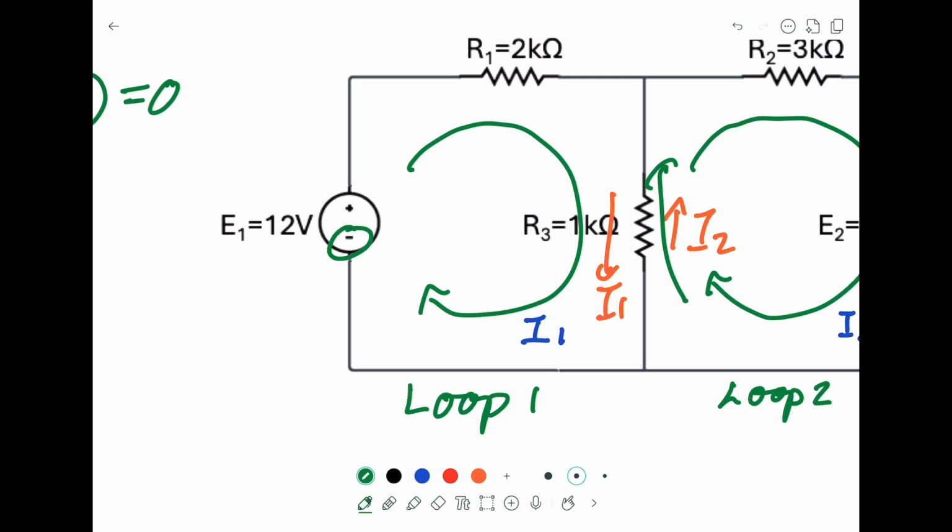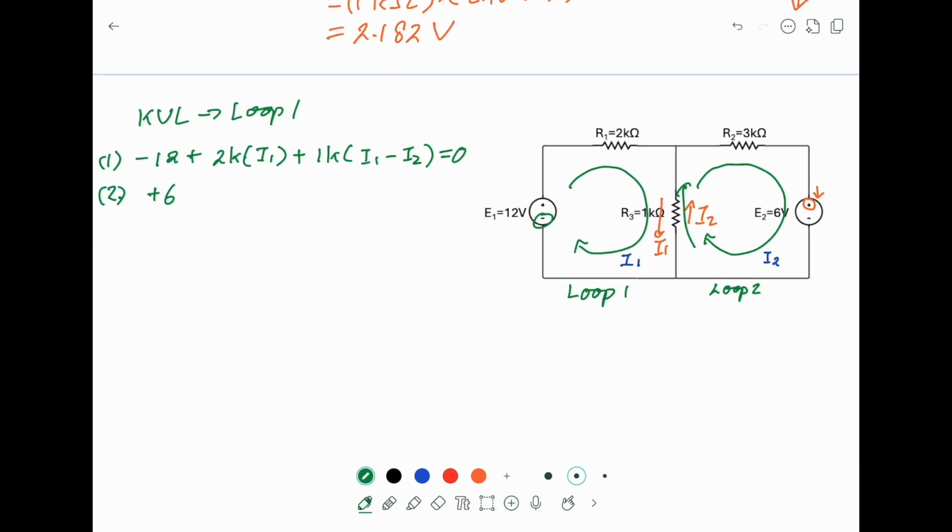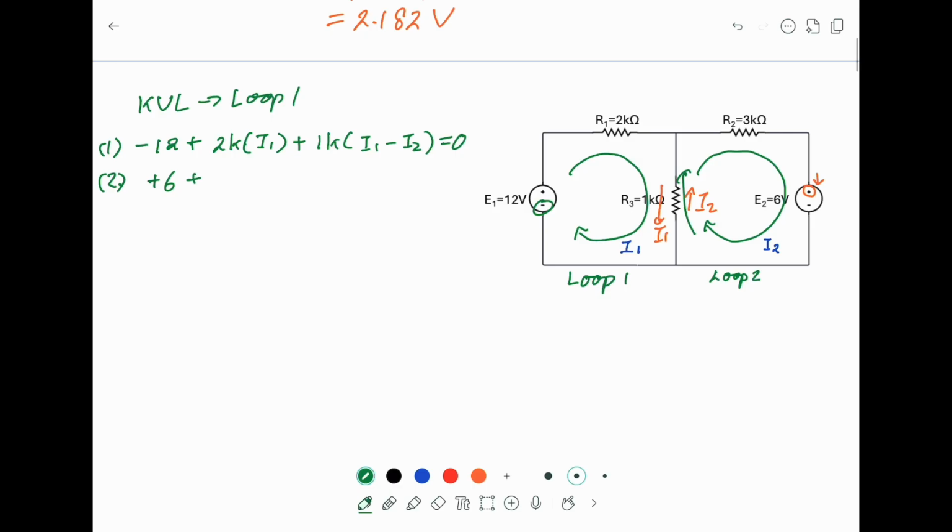So in this case, when we analyze loop 2, we have to assume I2 is bigger than I1. So plus 1K times I2 minus I1, plus 3K I2. So this is equation 2.